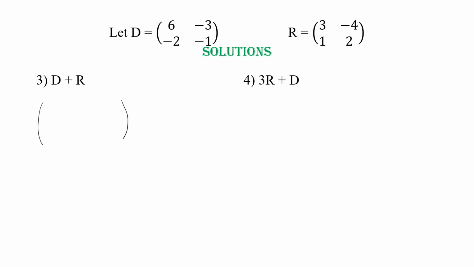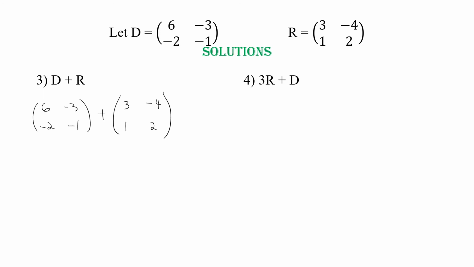So that is 6 plus 3, that's 9. This is D, this is R. As a matter of fact, let me write it so that we can see it even closer. So we have matrix D, which is 6, minus 2, minus 3, minus 1. And we add in that plus, we have R, which is 3, 1, minus 4, and 2. Good.